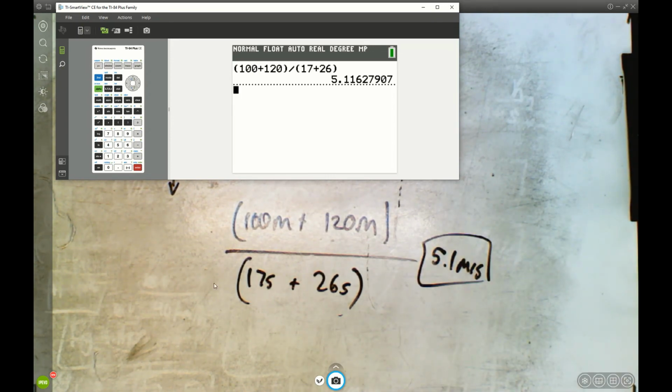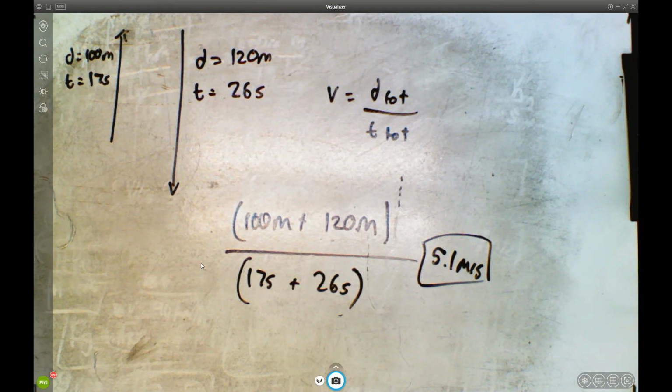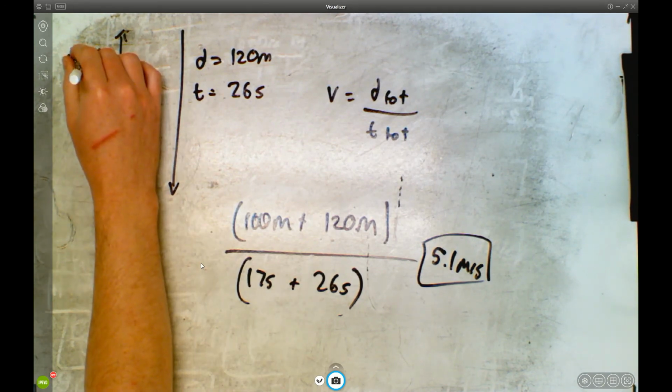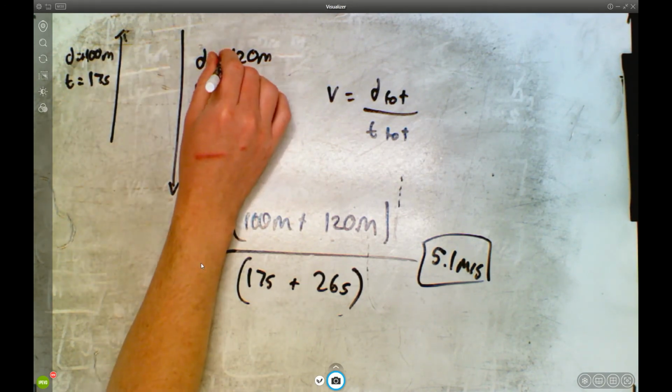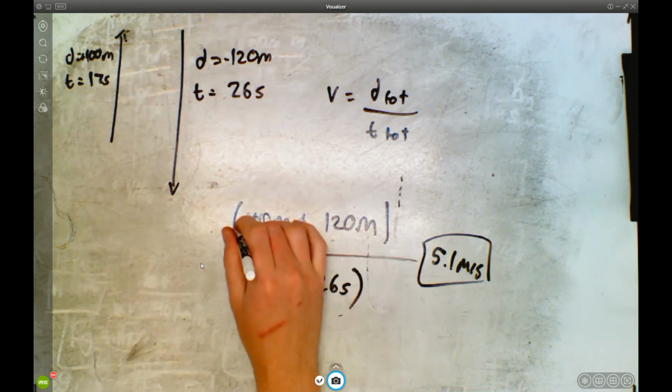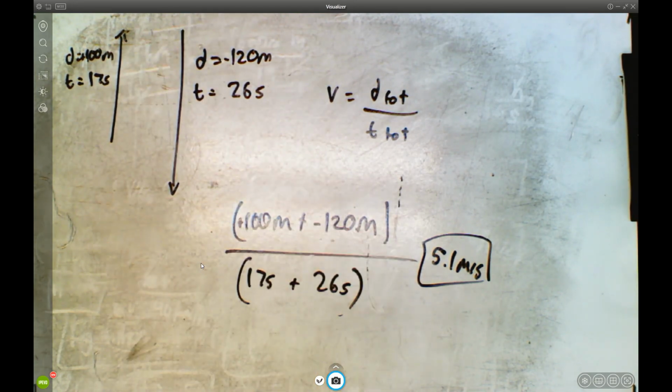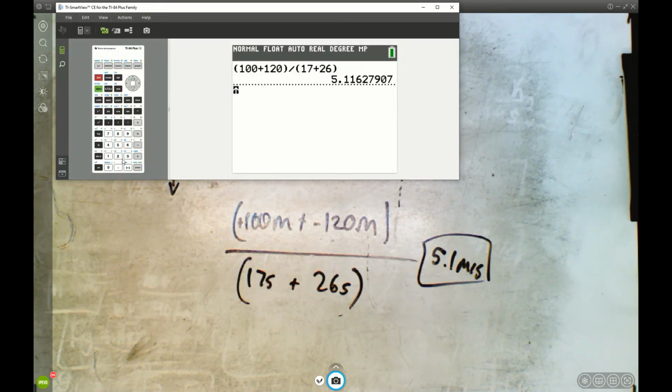Okay. To turn this into average velocity, all we need to do is add direction. So this is positive 100, this is negative, because this is north, this is south. I can just go back into my calculator, push second enter, and type in the last thing that was in there. The only thing I need to change is I need to make this 120 negative.